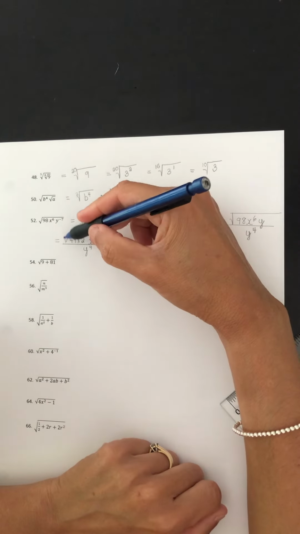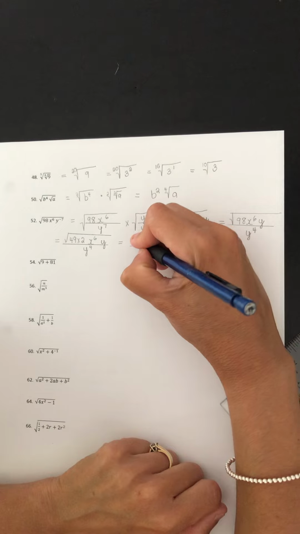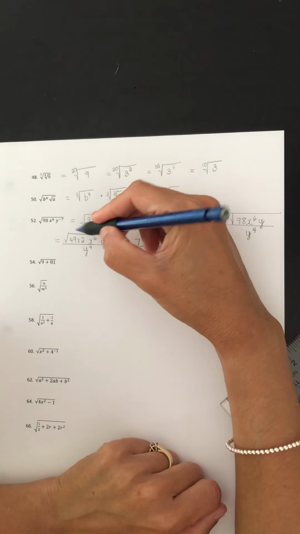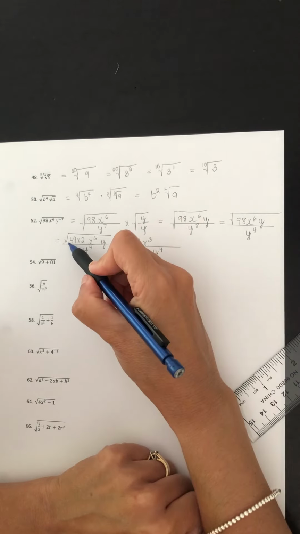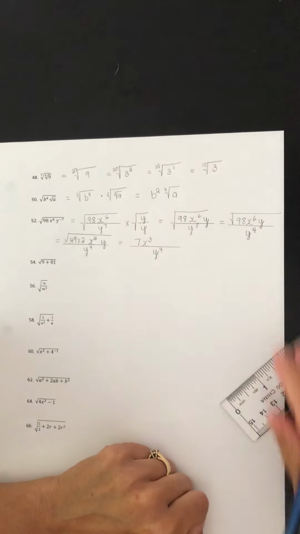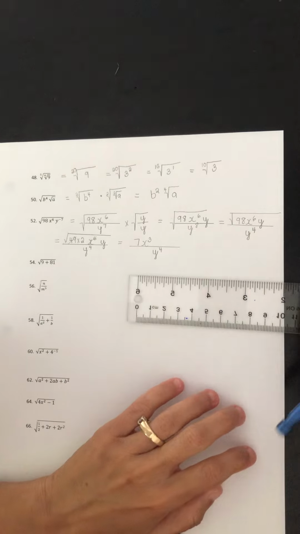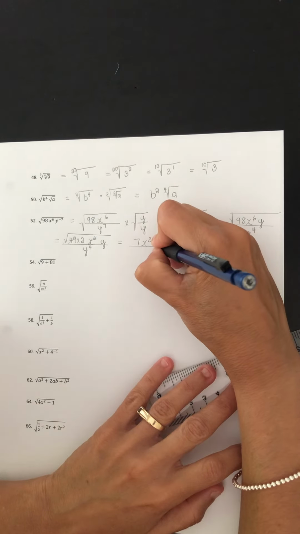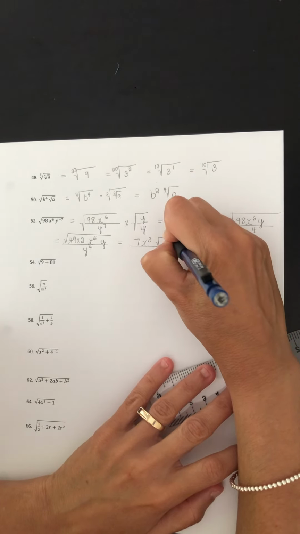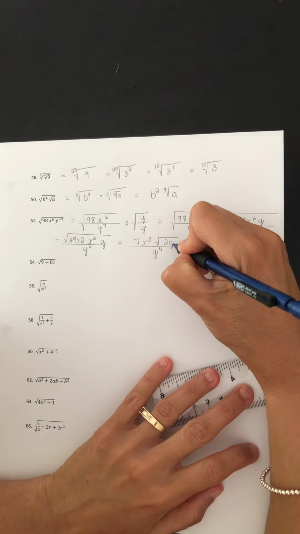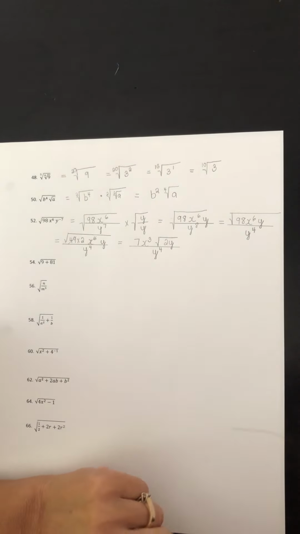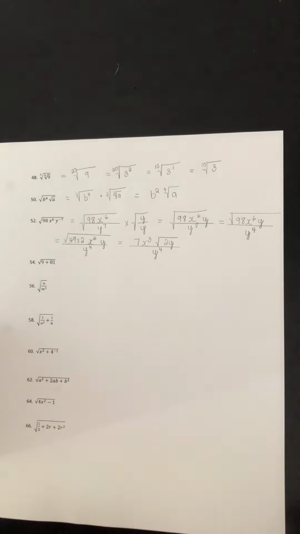So we do the square root of 49 is 7, and the square root of x to the 6 is x cubed. So we've now handled this part and this part. So left under our radical symbol will only be 2 and y. Okay, so that one required a lot of steps to get to that final answer.